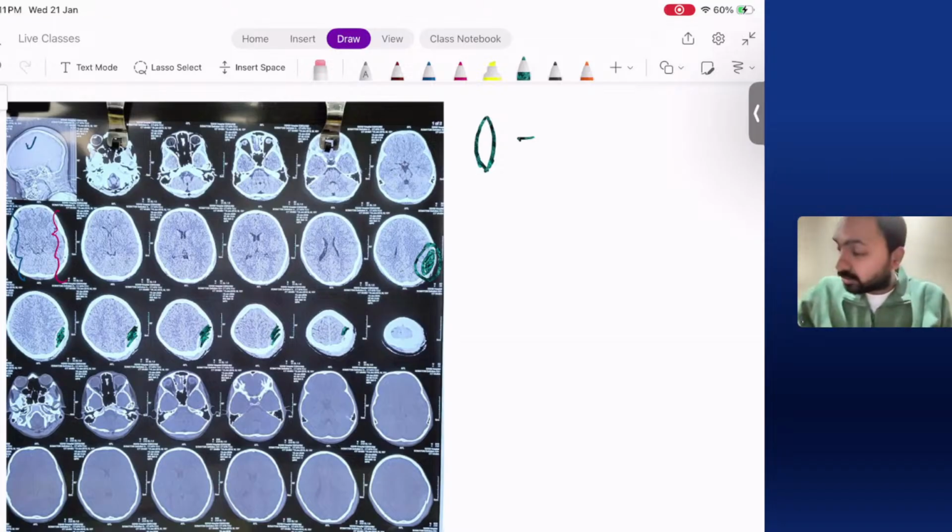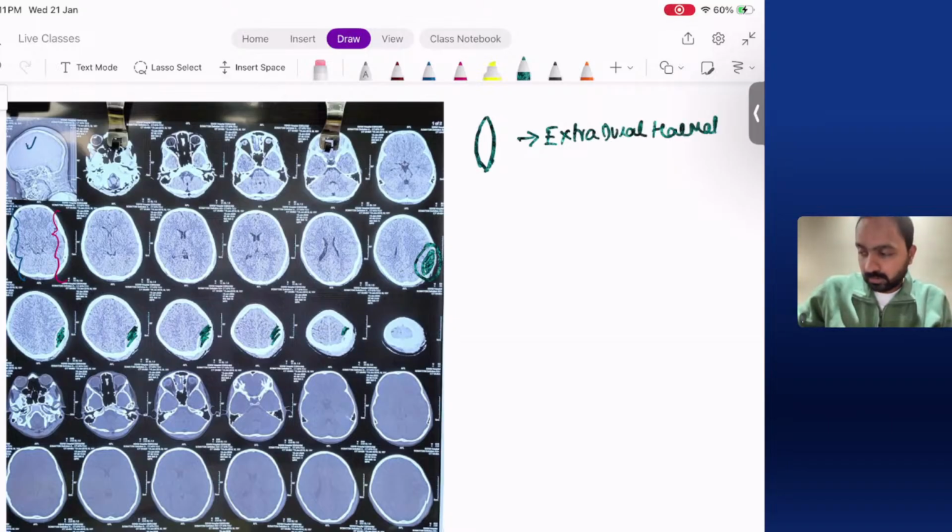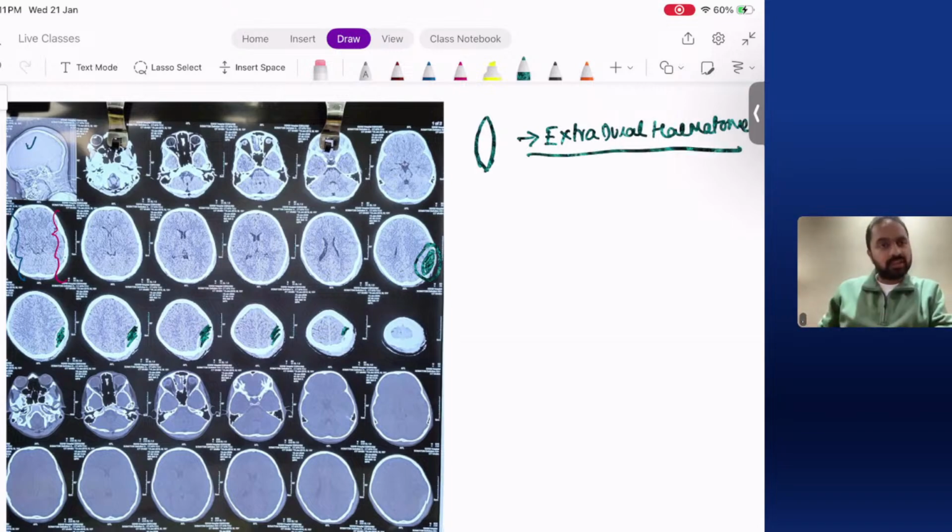So this is your extradural hematoma. You're often asked in your exams or in your oral viva that you are given a CT scan and you need to make a diagnosis of the radiological finding. So this would be an extradural hematoma on the left side.